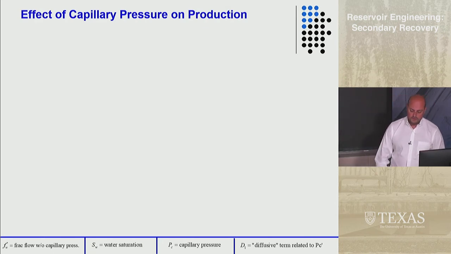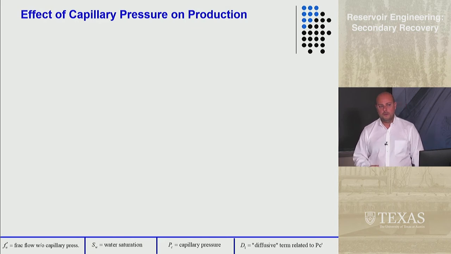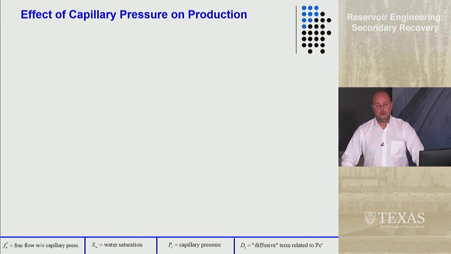Another important part of capillary pressure, as you learn in petrophysics, affects things at the pore scale or the very small grain scale. The way that these fluids interact affects how much residual capillary trapped oil there is. And the reality is that the effects of capillary pressure are manifested in the relative permeability curves.